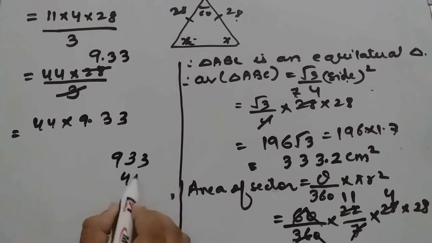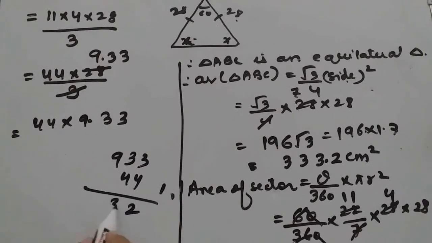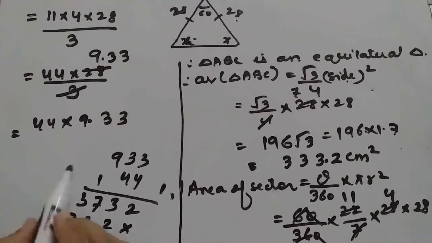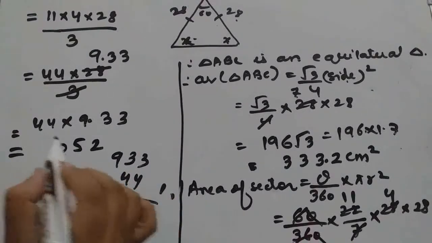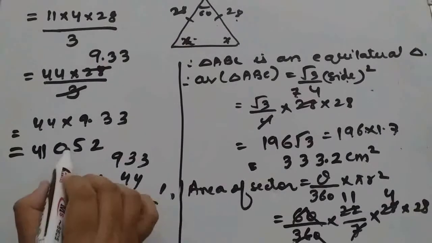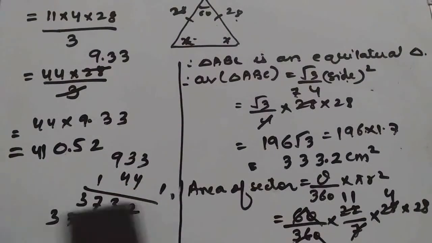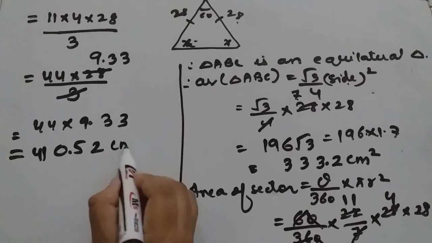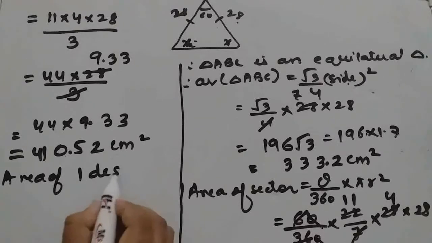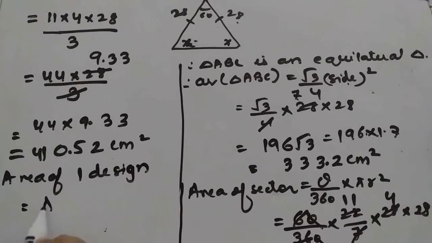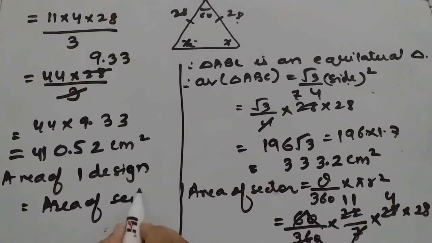So we will get here 410.52 centimeter square. Okay, so now therefore area of one design, area of one design means area of sector minus area of triangle ABC.